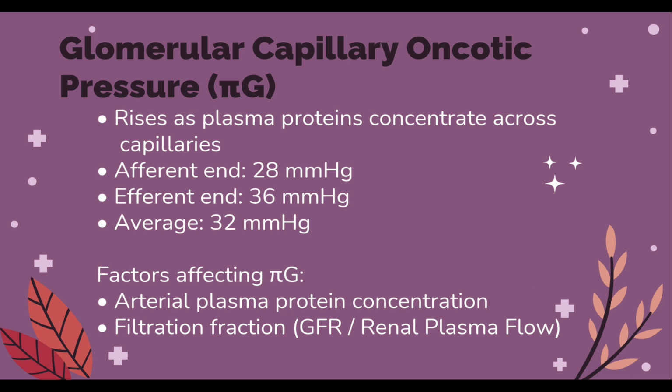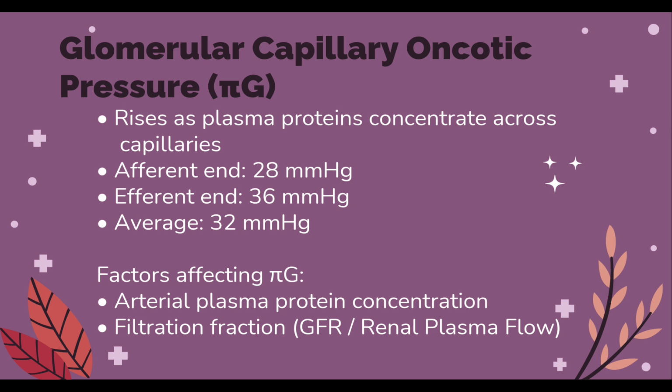Next we are going to talk about the glomerular capillary oncotic pressure. This rises as the plasma protein concentrates across the capillaries. Usually at the afferent end it is about 28 mmHg, and at the efferent end it is about 36. So the average value is about 32 mmHg. What are the factors which affect the glomerular capillary oncotic pressure?